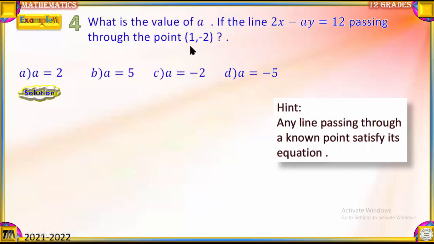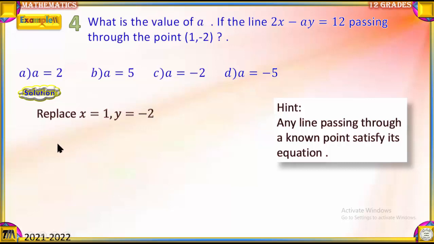That means the point (1, minus 2) satisfies the equation 2x minus ay equals 12, which means if we replace x with 1 and y with minus 2, then the left side would equal the right side.